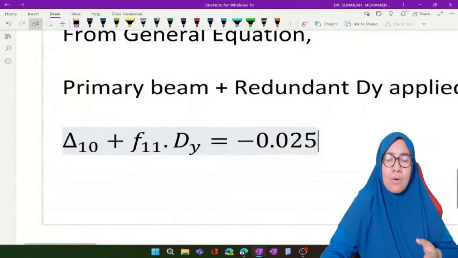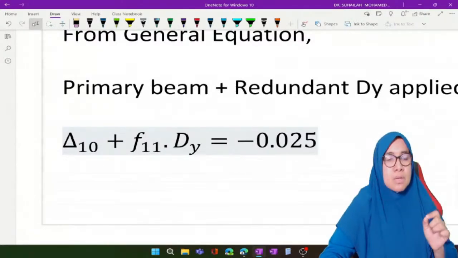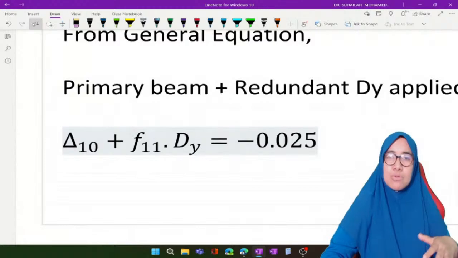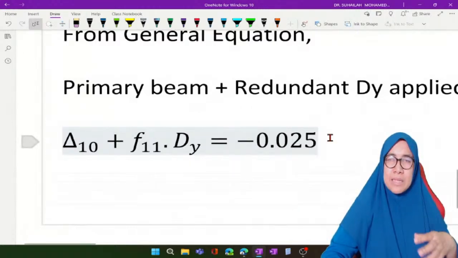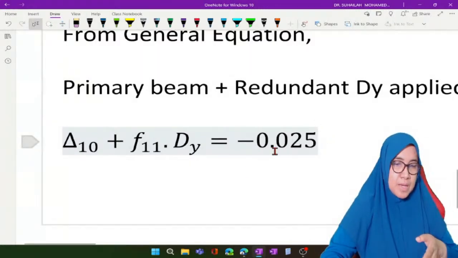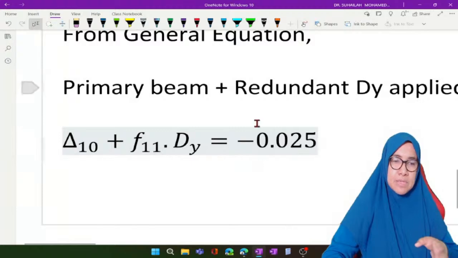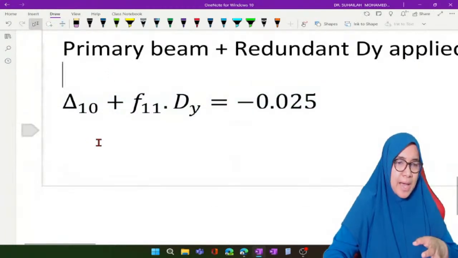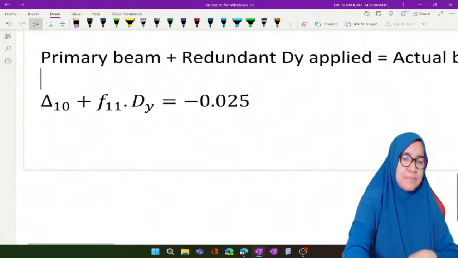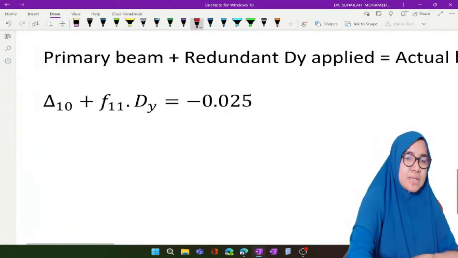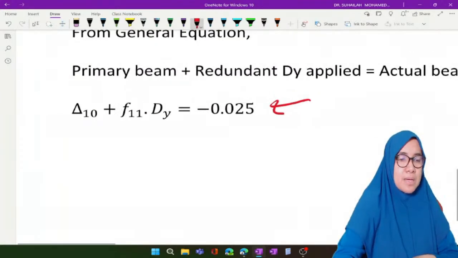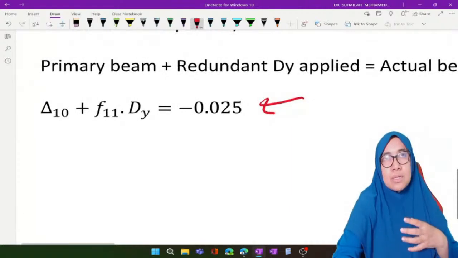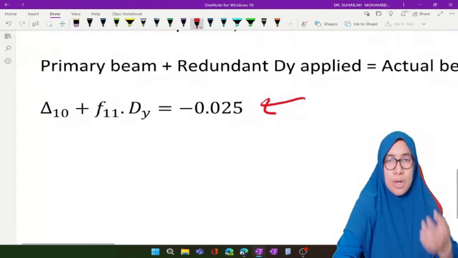That is how we include support settlement into the compatibility equation. So this is actually the compatibility equation, but we need to determine delta 1 node and F11.